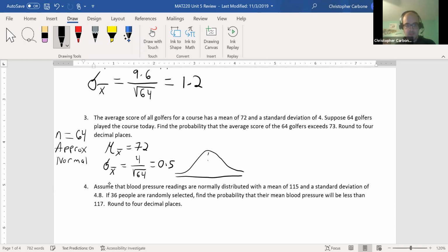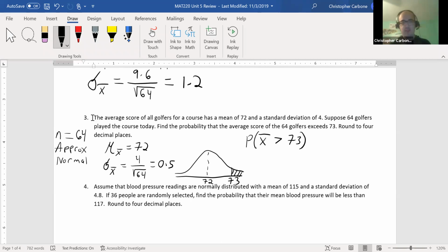So mean is 72. The value here that we want is the probability that this average exceeds 73. So 73, with a standard deviation of 1/2, is 2 standard deviations away. So kind of a big difference for this case.